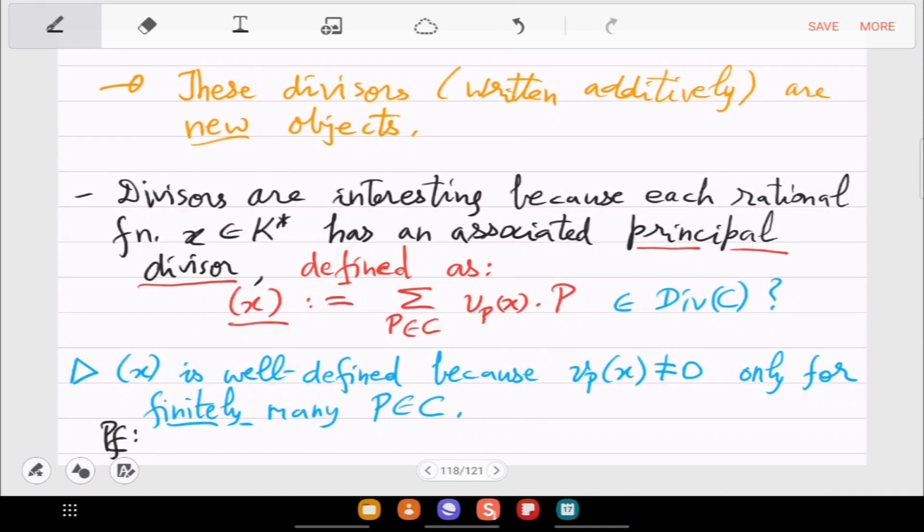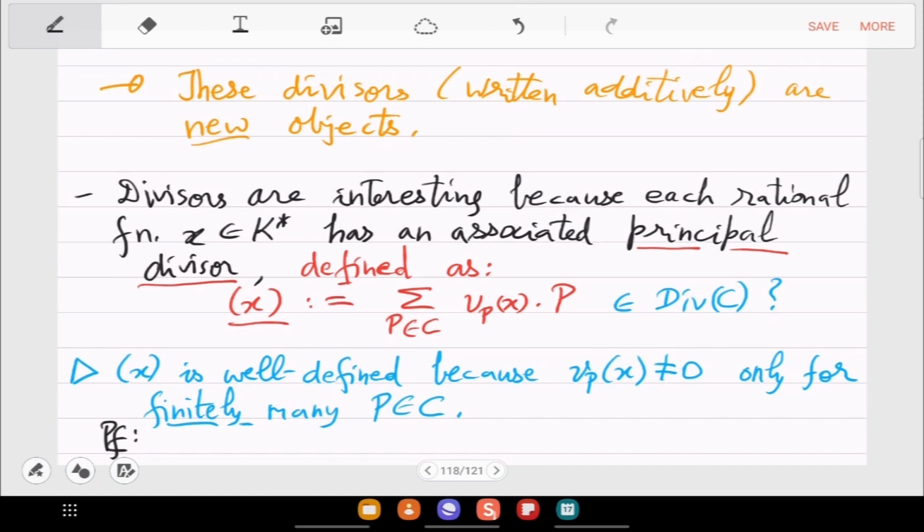How many zeros can a function have? That can only be finite, because you are on a curve, so dimension is 1, x puts another constraint, so dimension becomes 0. So this system has only finitely many solutions, right?